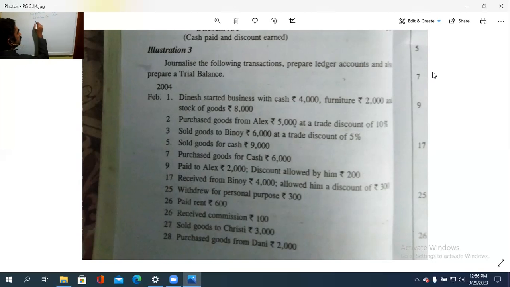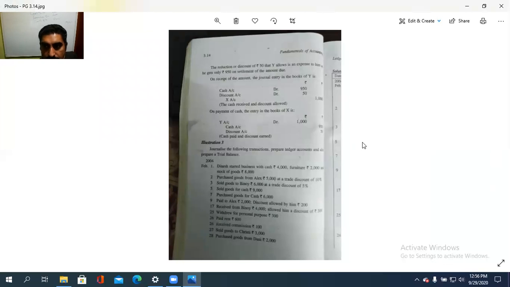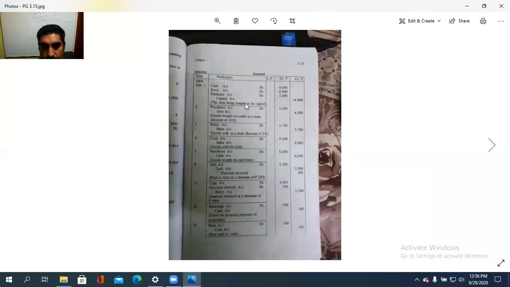Stock means goods account debtor 8,000 to capital 14,000, isn't it? This is the entry, first one. Cash, stock, furniture to capital.